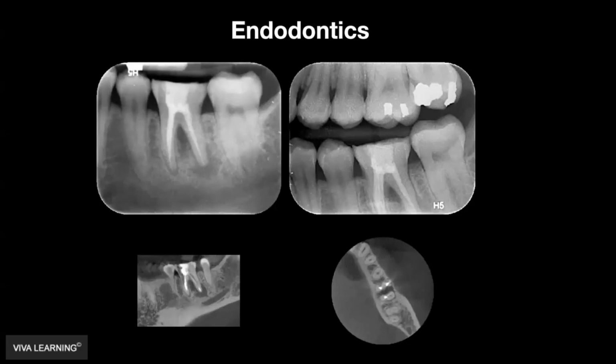And that allows us to consider, okay, was this adequately treated initially? Do we only have to go in and clean out the one? Do we want to take out all the gutta percha and retreat it? Whatever we're going to do, it helps you determine what you need to do or what the reasons are for the failure before you ever get in there.